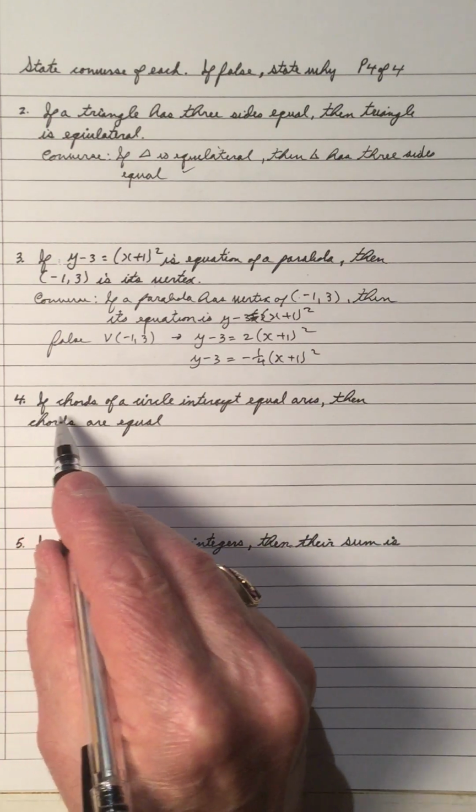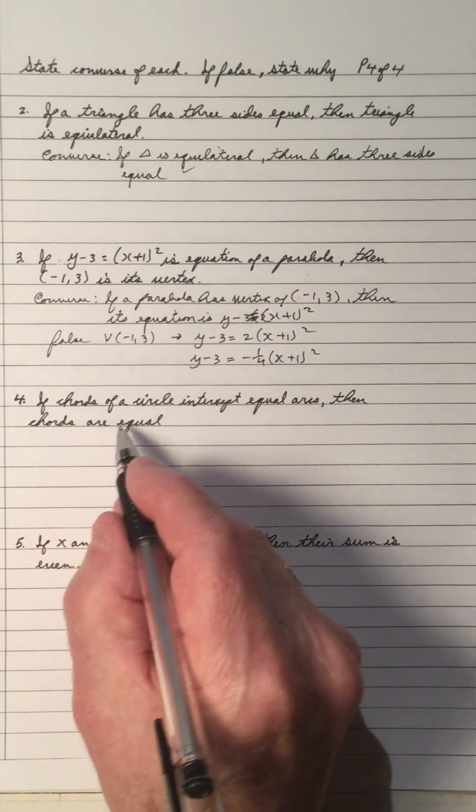Number 4, if the chords of a circle intercept equal arcs, then the chords are equal.